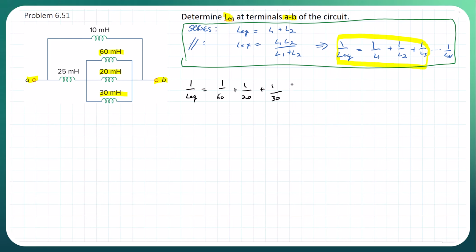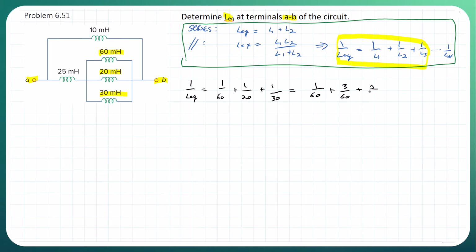We can work this out. We can multiply to get a common denominator. We can rewrite this as 1 over 60 plus 3 over 60, where I multiply both the denominator and the numerator by 3.